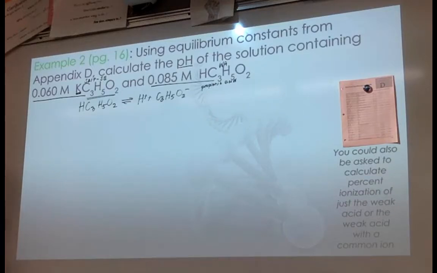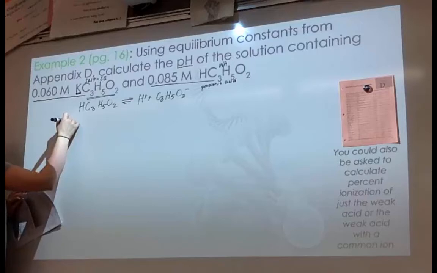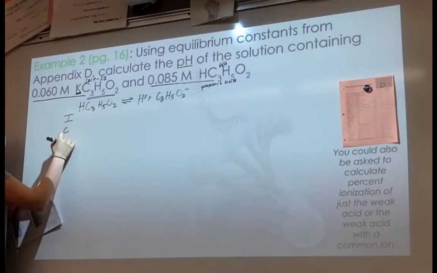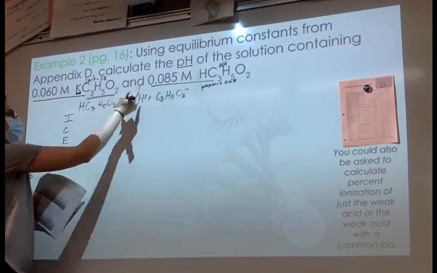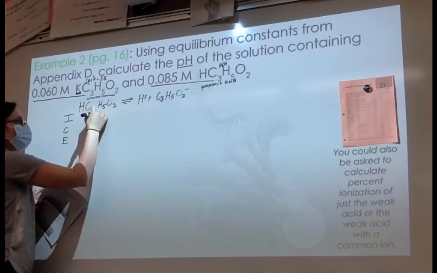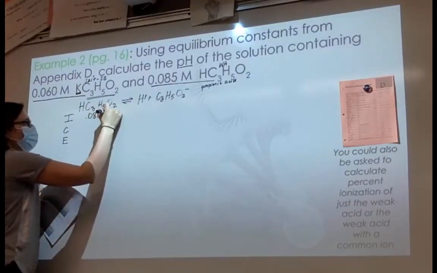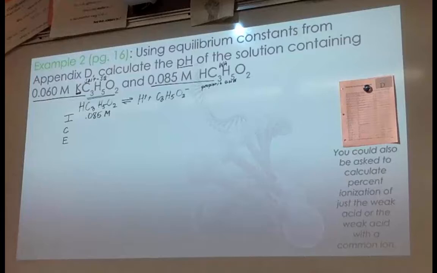The only difference between what we were doing before and what we're doing now with the common ion is that when we set up an ICE table for an equilibrium calculation, because weak acids and weak bases exist at equilibrium, instead of only having the initial concentration of the acid, we also have an initial concentration of a common ion.